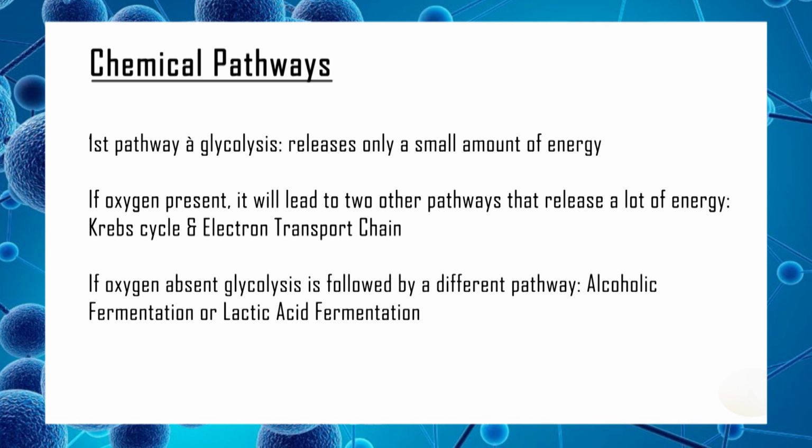If oxygen is present, it will lead to 2 other pathways that release a lot of energy, the Krebs cycle and the electron transport chain. If oxygen is absent, glucose is followed by a different pathway, for example alcoholic fermentation or lactic acid fermentation.